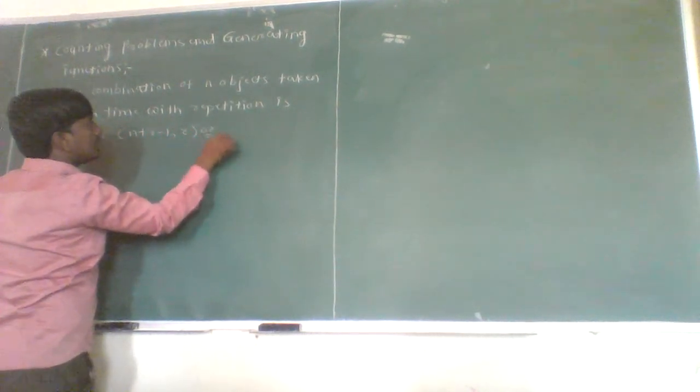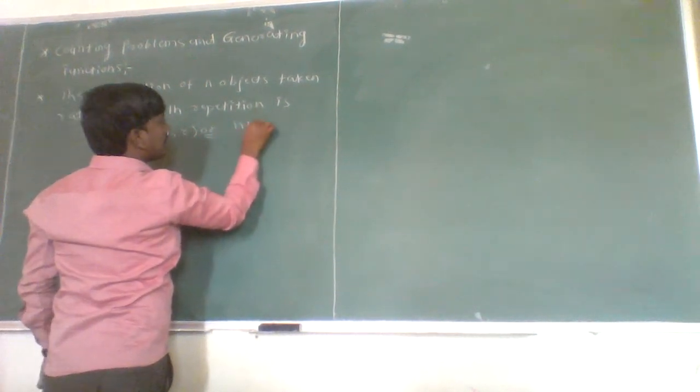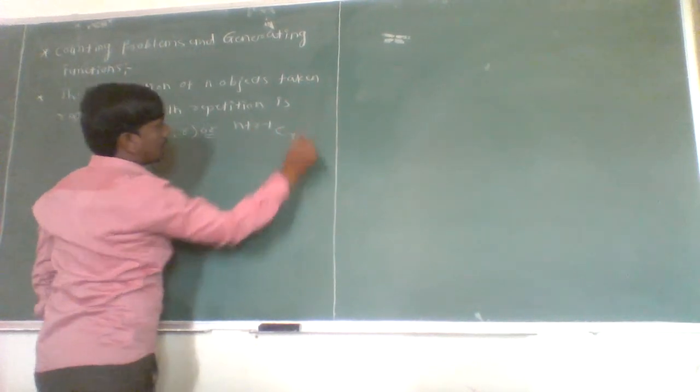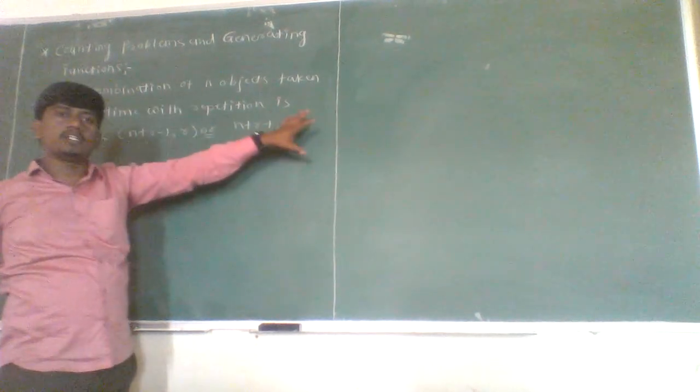That is, this can be written as n plus r minus 1 C r. It is nothing but the combination of n objects taken r at a time with repetition.